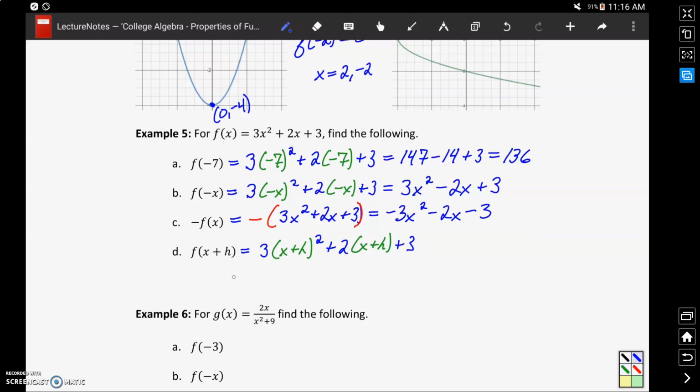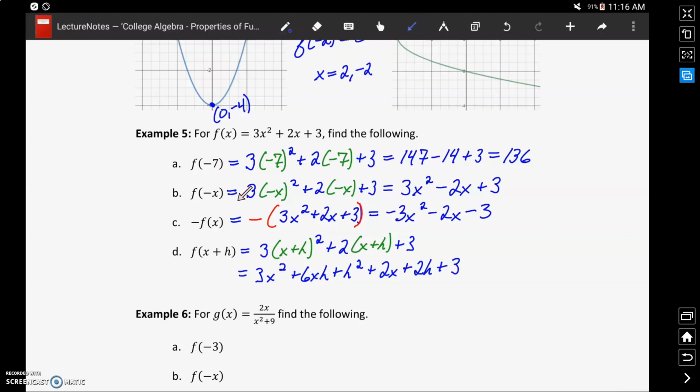And now we'll expand everything out and combine like terms. So expanding out 3 times x plus h squared would give us 3x squared plus 6xh plus h squared. Distributing the 2 through will give us 2x plus 2h plus 3.